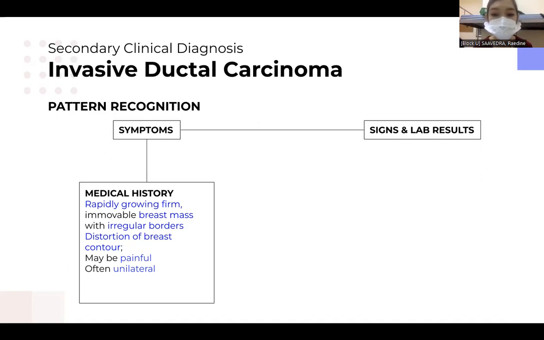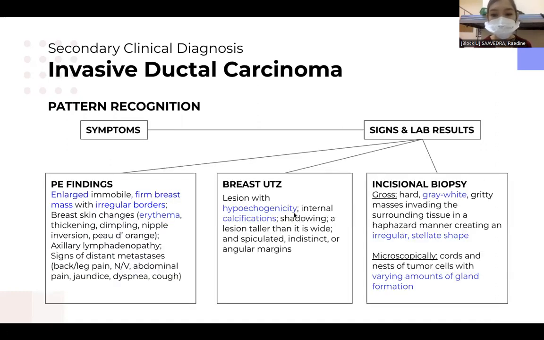This results in distortion of breast contour. It may be painful and it is also often unilateral. So the only difference here from the patient is that the patient has a movable breast mass, while in invasive ductal carcinoma it is expected to be immovable.